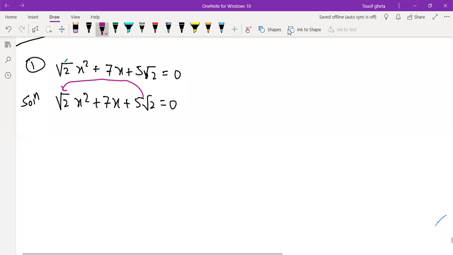So we will get 5 root 2 into root 2, which is 5 root 4, nothing but 5 into 2, which is 10. Now we just need to look for the table of 2 numbers.